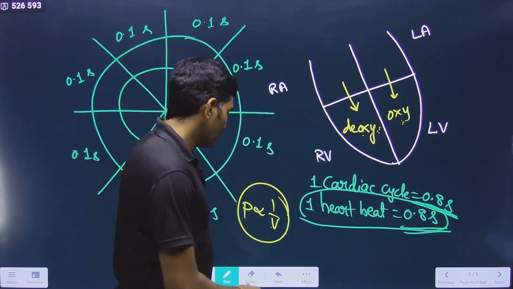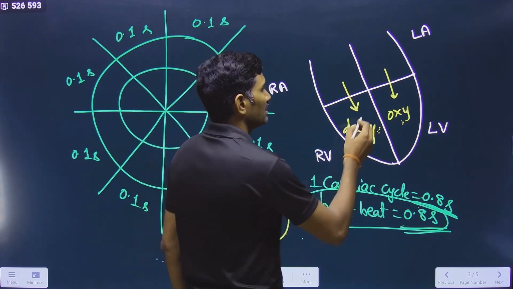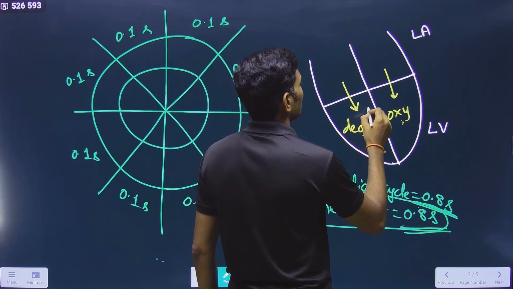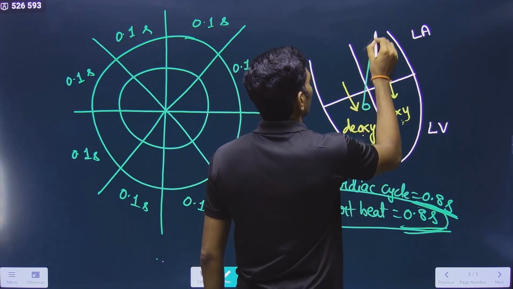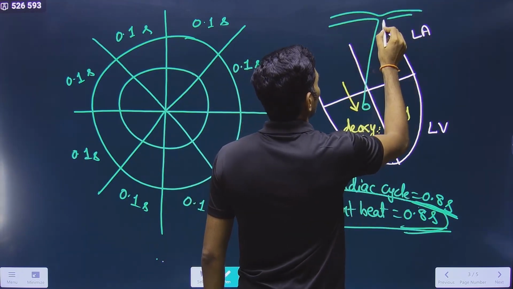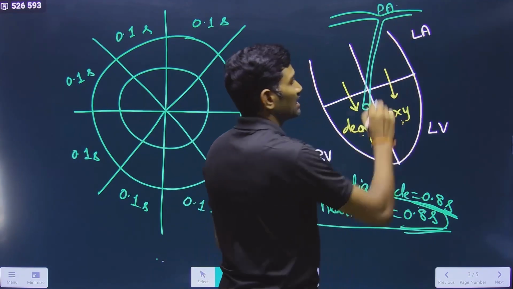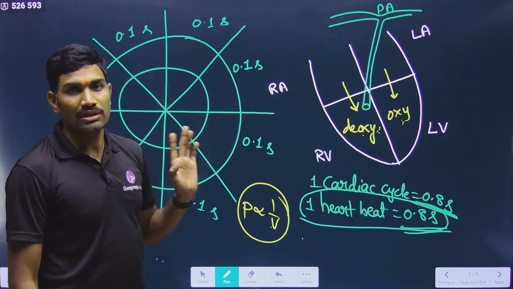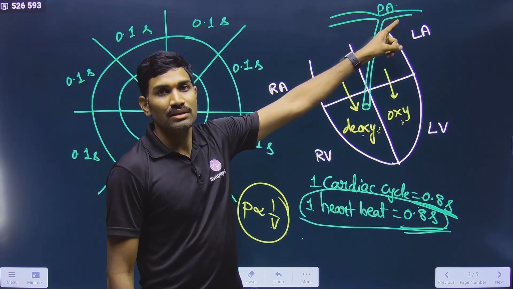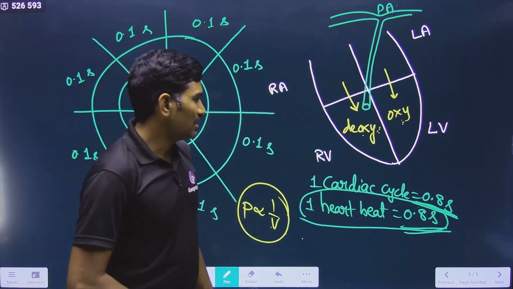But at the same time, you need to observe another point. From this right ventricle, there is a pulmonary artery that is going to the lungs. This is the pulmonary artery, right? Names I already told you. So in short, I am writing: this is the pulmonary artery. Now observe carefully.